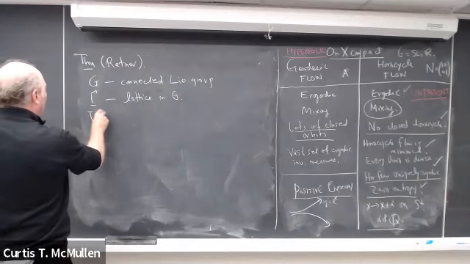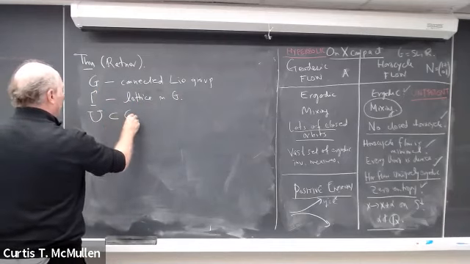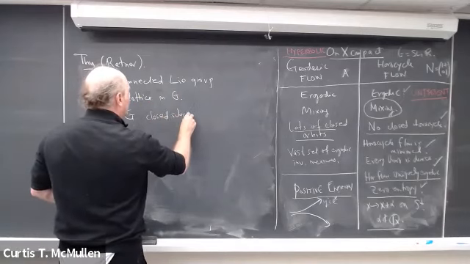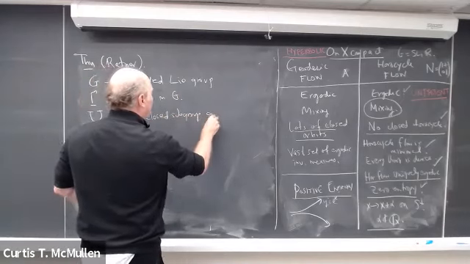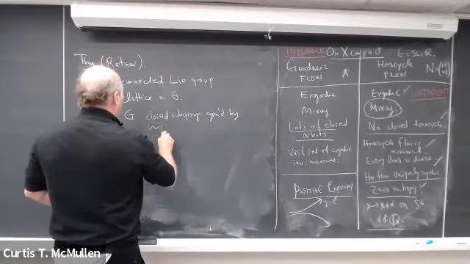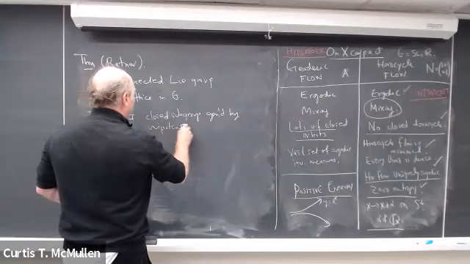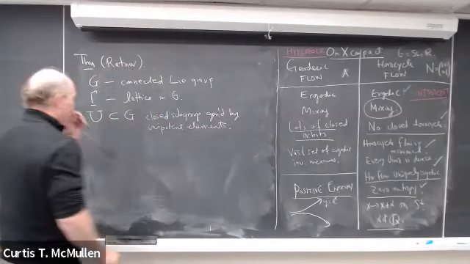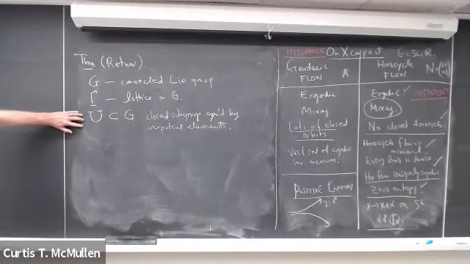And so that's given by U contained in G, which is a closed subgroup generated by unipotent elements. And this is the only hypothesis that requires some thought.